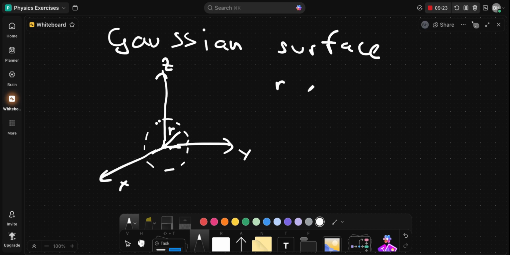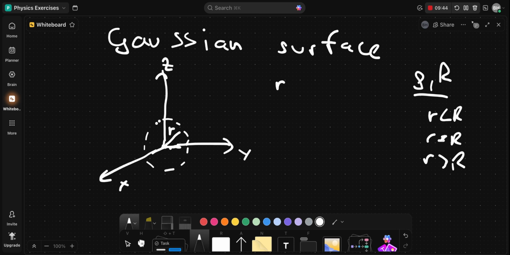Now, it could be that we are doing the problem of the sphere with homogeneous charge density and radius R. In that case, r could be smaller than R, equal to R, or greater than R. And we will see in the next video, not this one, how we can actually use Gauss's law to calculate the electric field inside and outside the sphere.